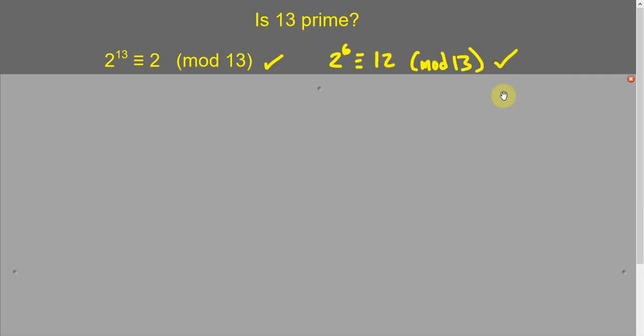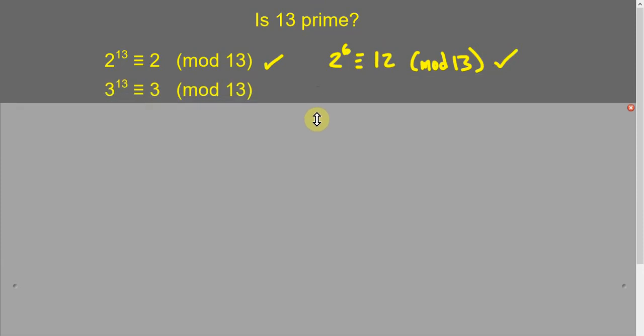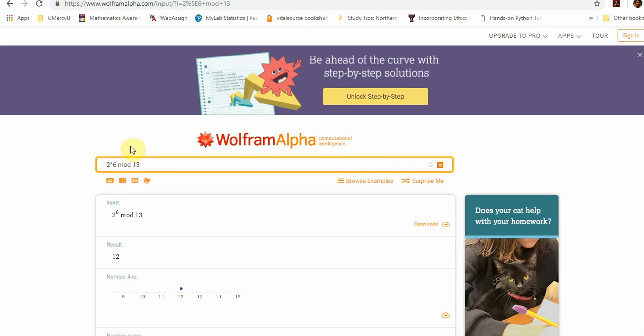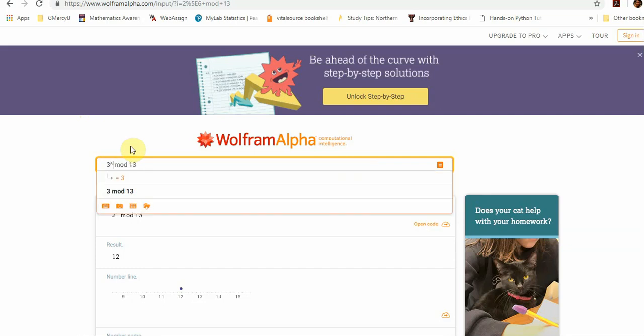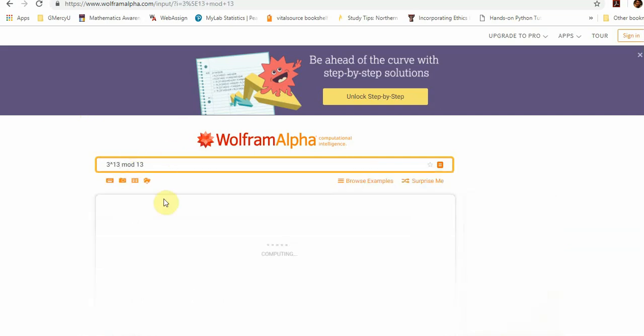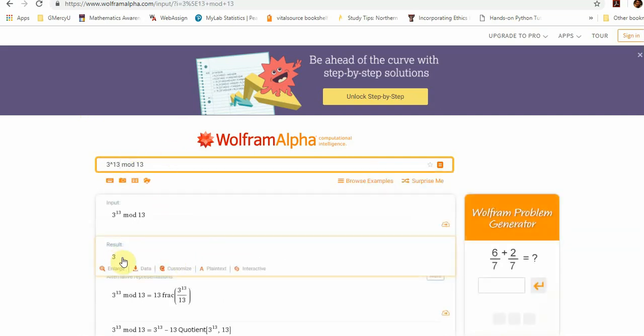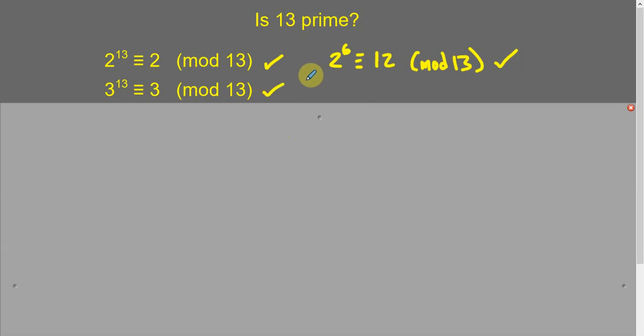So that checks out. Okay, so then we could go to 3. 3 to the 13, is that 3? 3 to the 13 mod 13 is 3. Yes, okay, check. So then we do 3 to the 6 and see what that is.